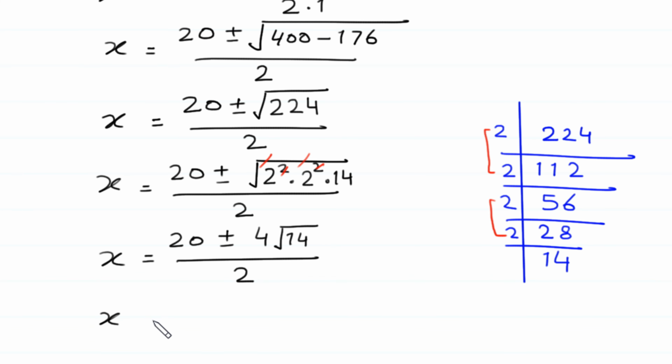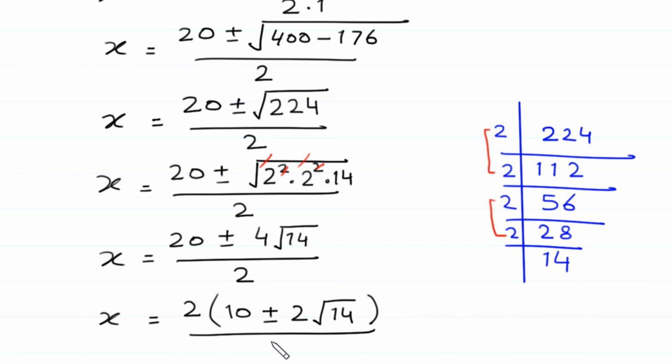Next, x is equal to, we can factor out 2 from these two terms. 2 times 20 divided by 2 is 10 plus minus 4 divided by 2, 2 times square root of 14, divided by 2.